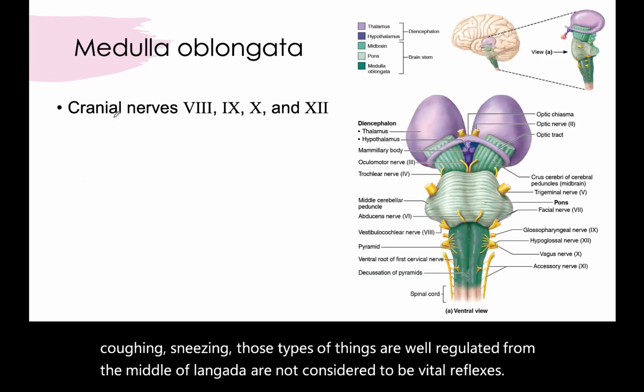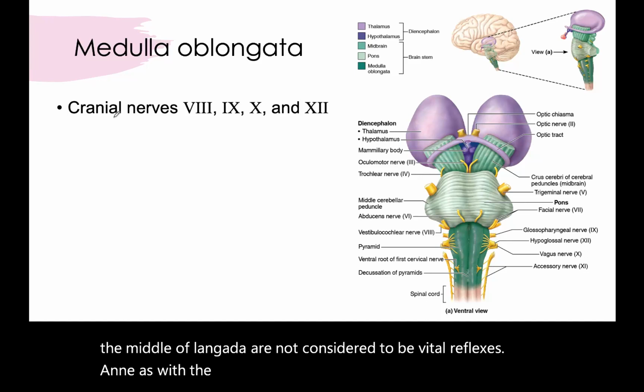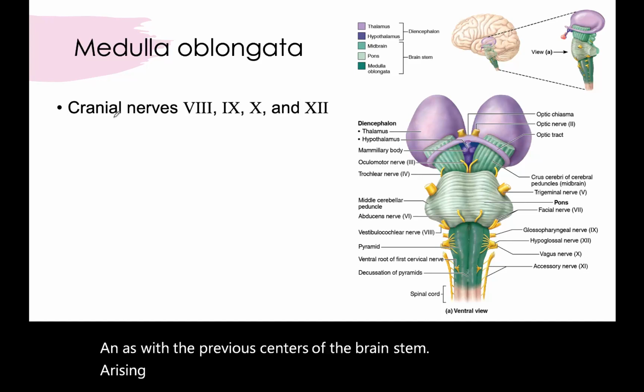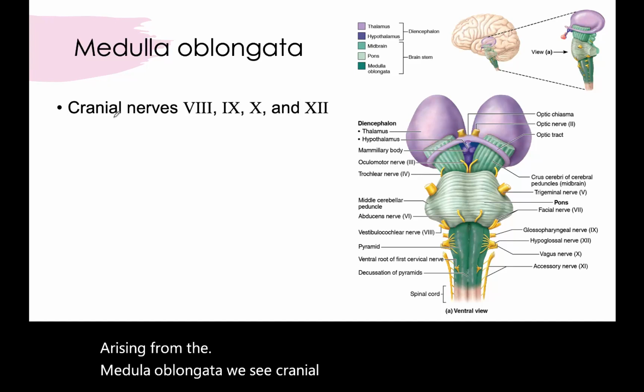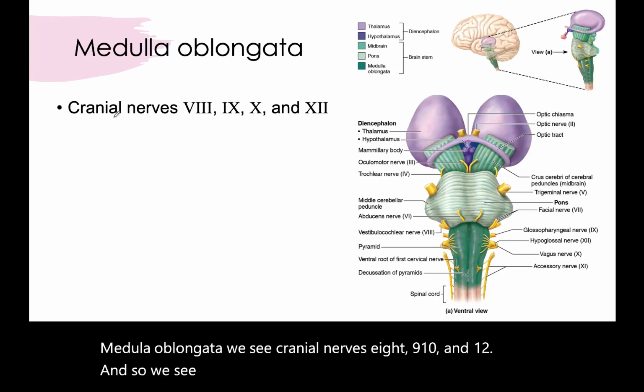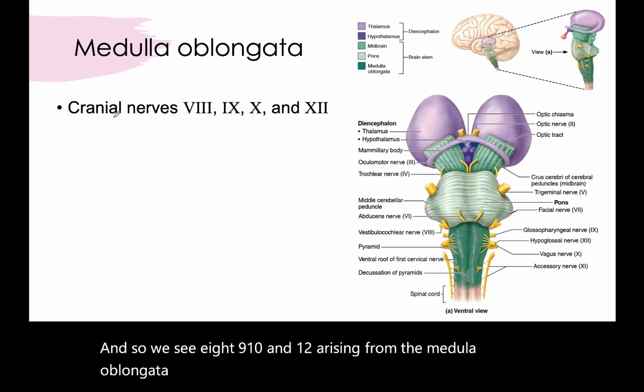And as with the previous centers of the brainstem, arising from the medulla oblongata, we see cranial nerves 8, 9, 10, and 12. And so where are we looking right down here?